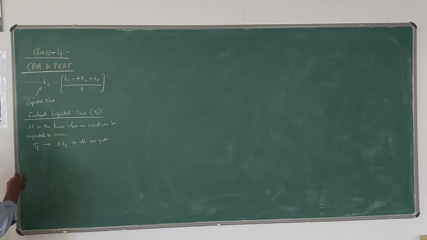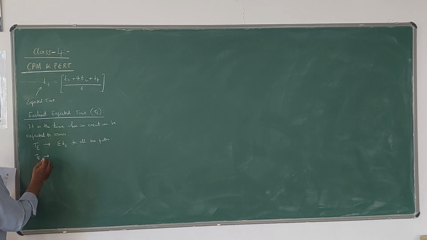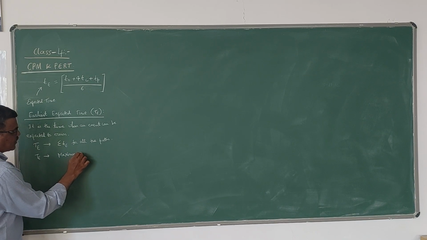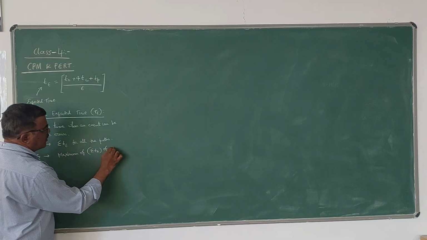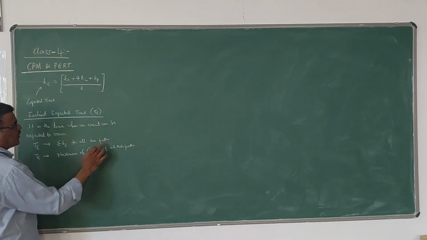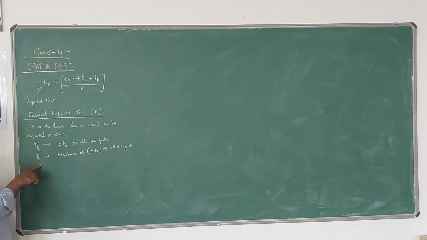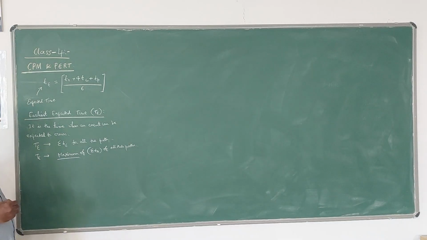Suppose if more than one path is there, then TE is taken as the maximum of sigma T of all the paths. Suppose if there is a single path, then it is sigma T. If there are a number of paths, then you have to take the maximum of sigma T.